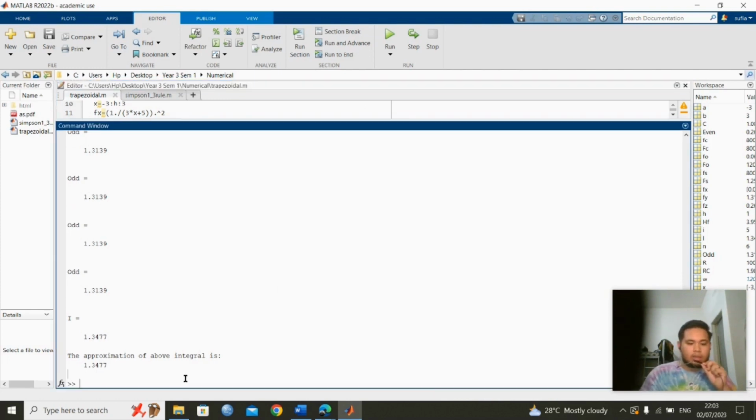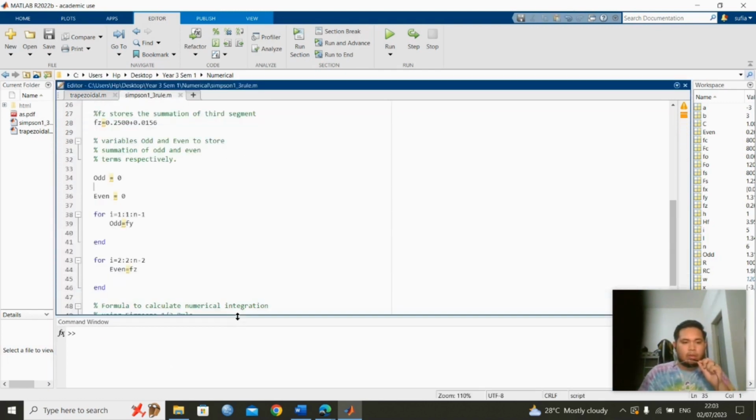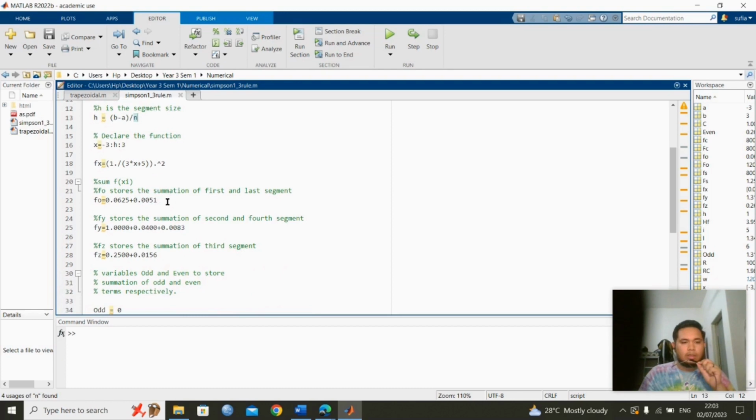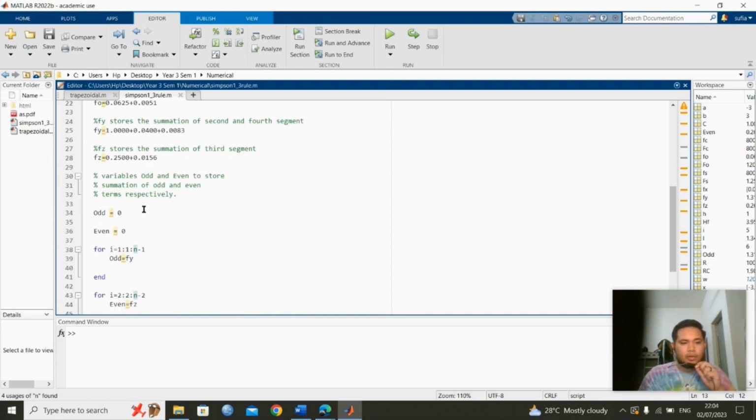Next will be Simpson's 1/3 rule. It will be the same for lower limit, upper limit, number of segments, and h value. For f naught, fy, and fz, we obtain the same values as the table we calculated in manual calculation.